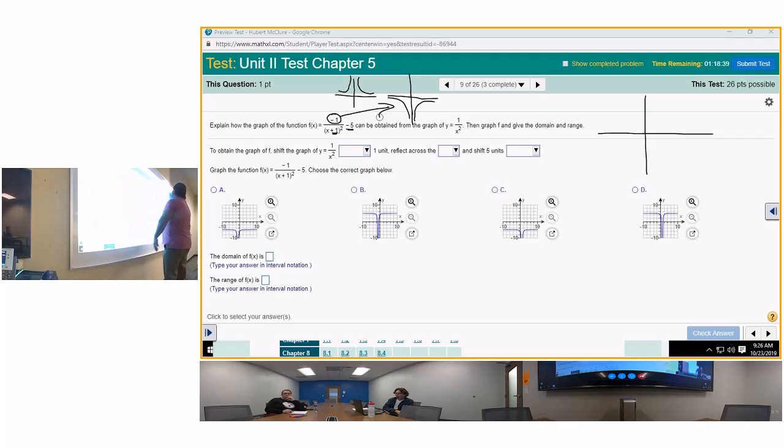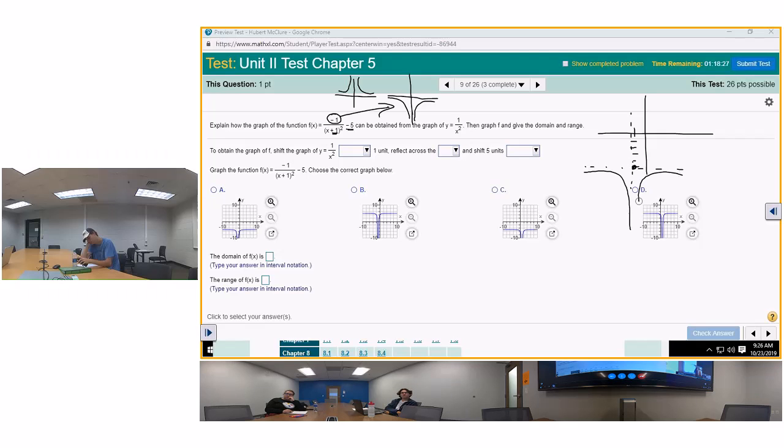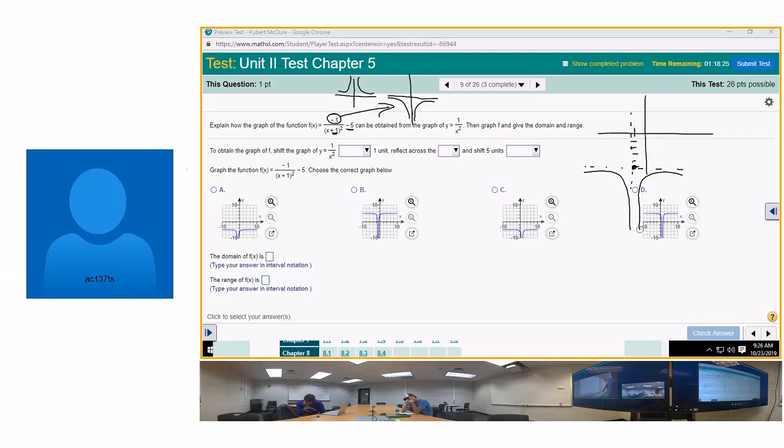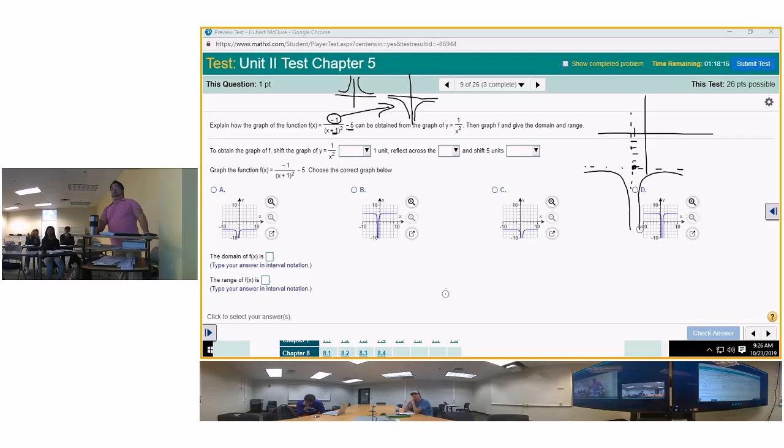That's our new, technically, origin. Everybody with me? So which one looks like that? Alpha. And then you fill in all the blanks.